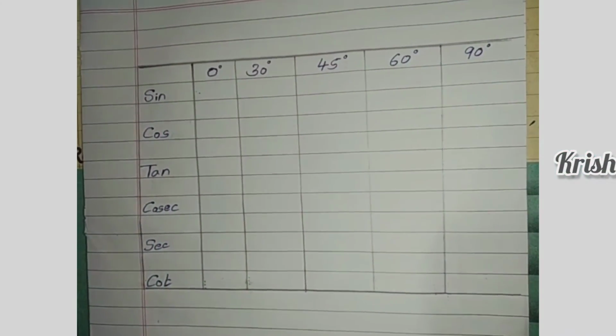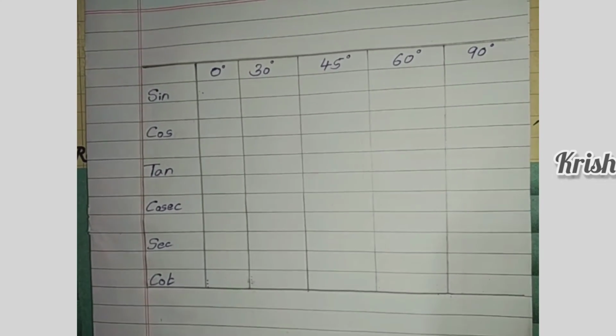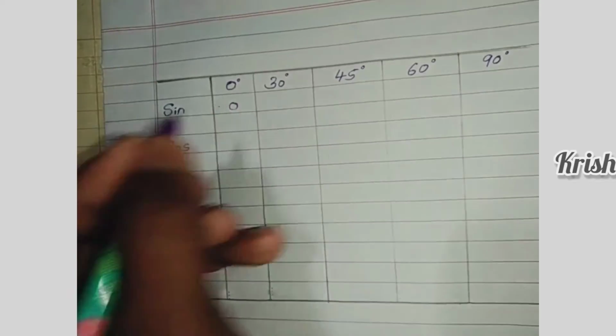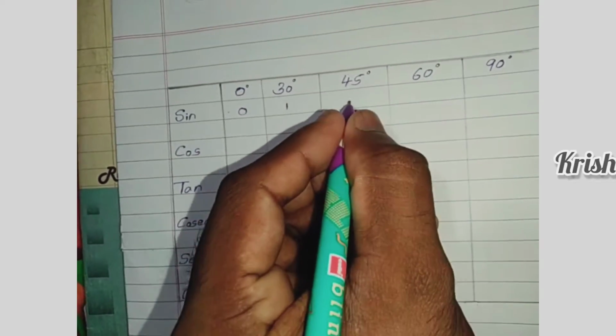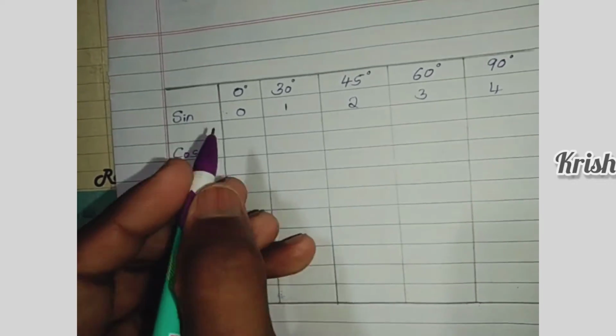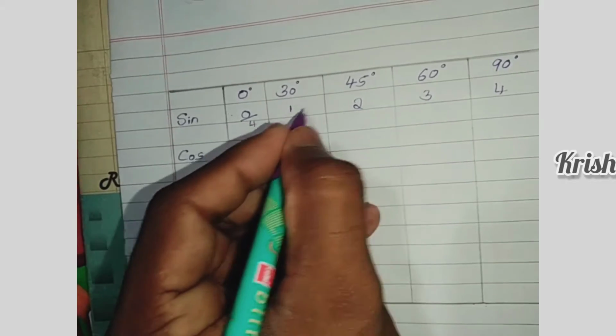This video helps to memorize the trigonometric values during examination. Okay, let's start. I take sine 0 as 0 first, then 1, 2, 3 and 4, and I divide the whole by the common denominator 4.